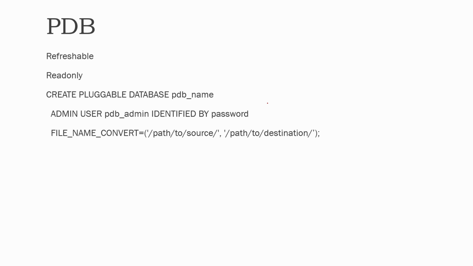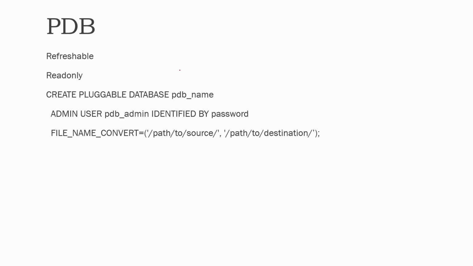Okay, and PDBs are refreshable. So let's say you want to create a database for testing or development, whatever you want to call it, and these are refreshable from production. Very simple. When you want to refresh, refresh. That's it. Even you can keep it read only for reporting or dashboards. Very simple.